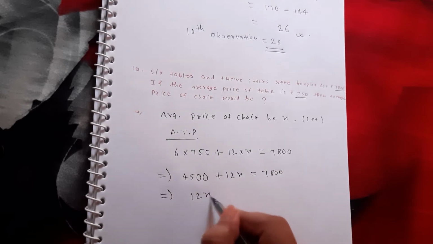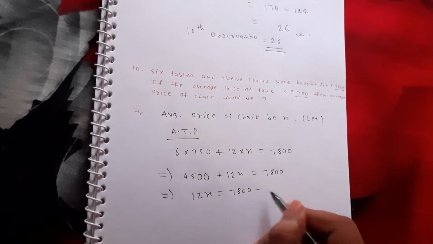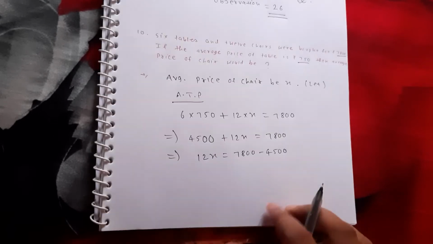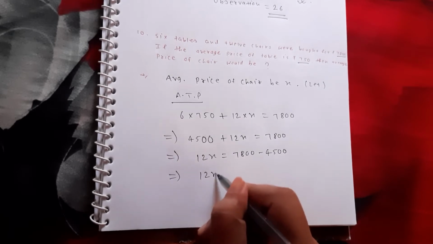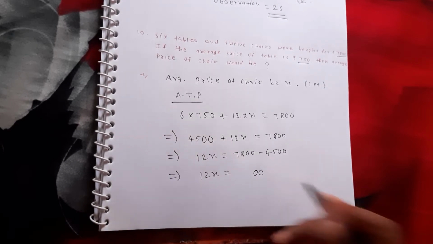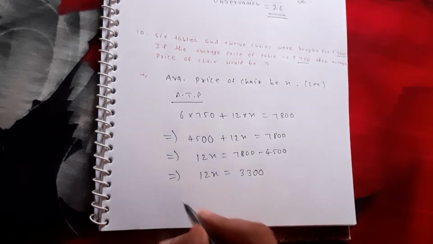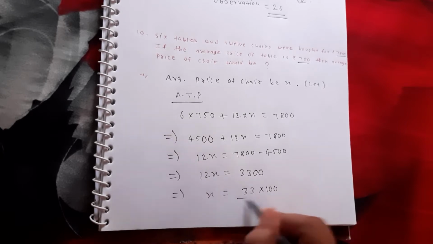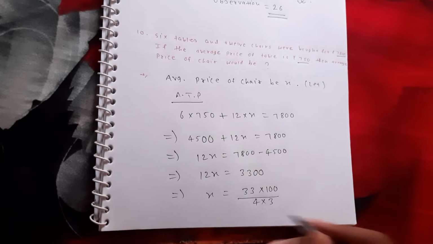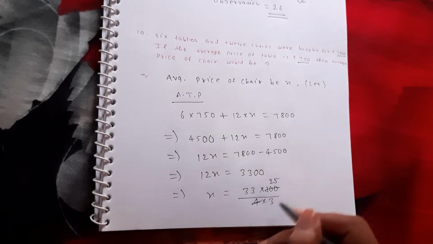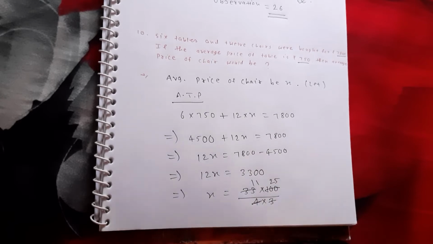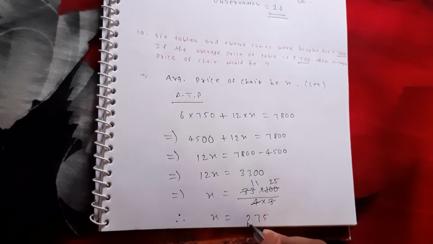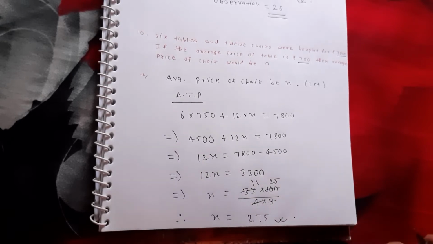So 12x equals 7,800 minus 4,500, which is 3,300. So x equals 3,300 divided by 12, which is 275. That is, our average price of each chair is rupees 275.